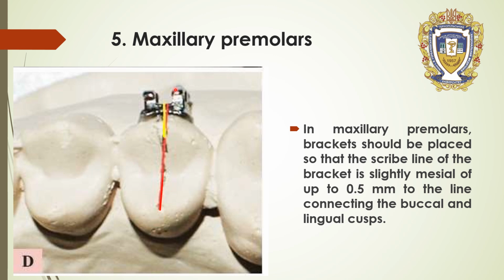The red line is the line connecting the buccal and lingual cusps. But the yellow line is the midline of the bracket. As we can see, these two lines do not coincide.